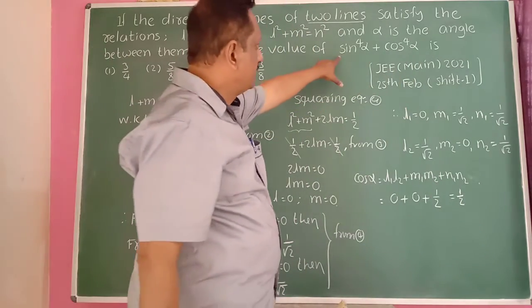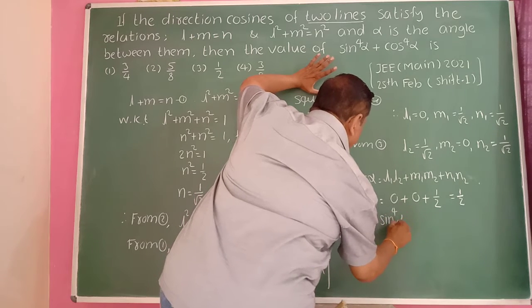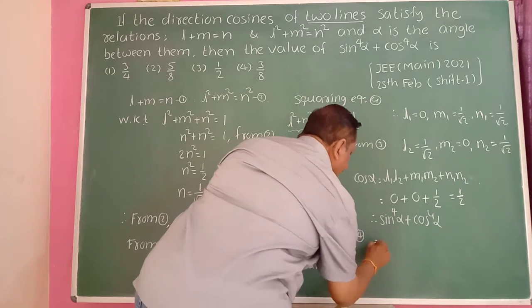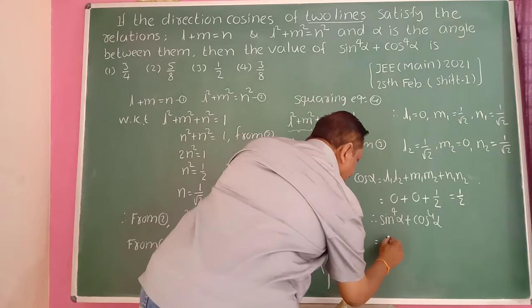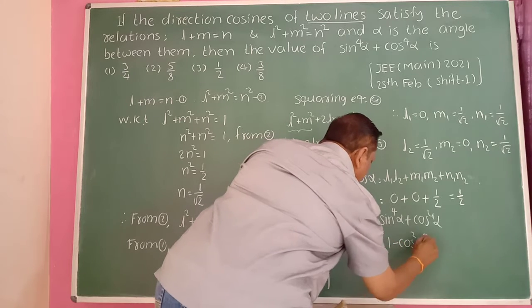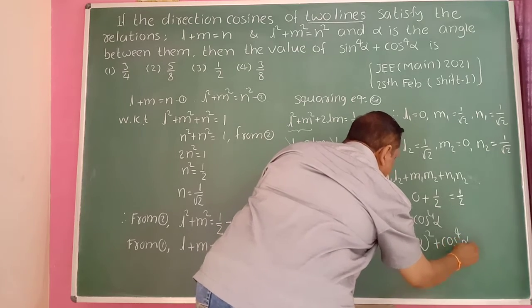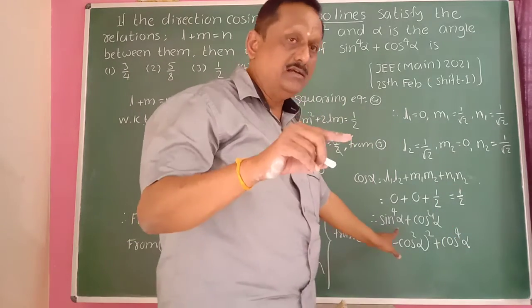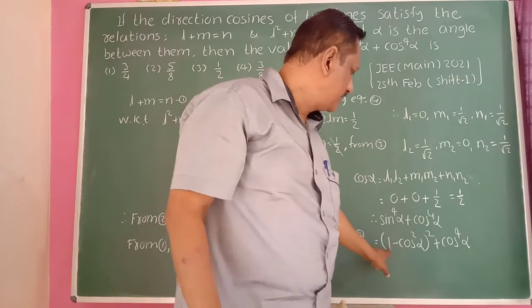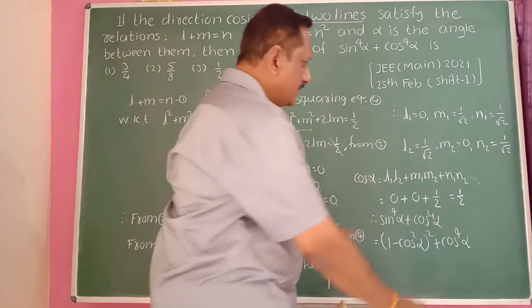Here we want this value. Therefore sin⁴α + cos⁴α, sin⁴α can be written as (1 − cos²α)² + cos⁴α, since sin²α is 1 − cos²α. Cos α value is 1/2.